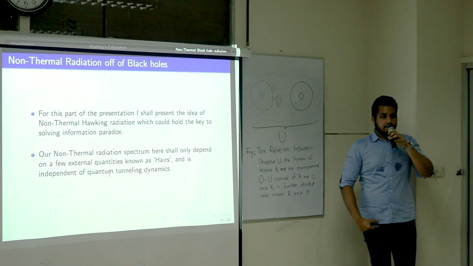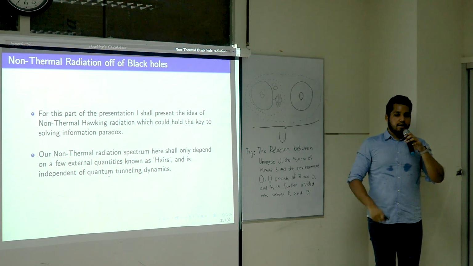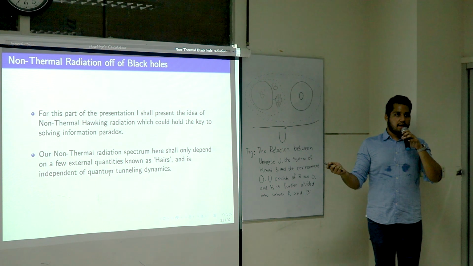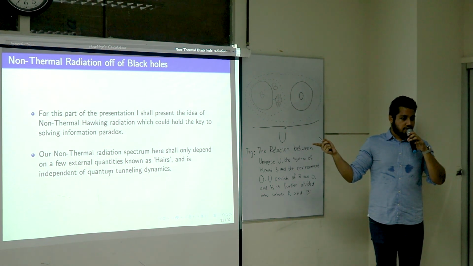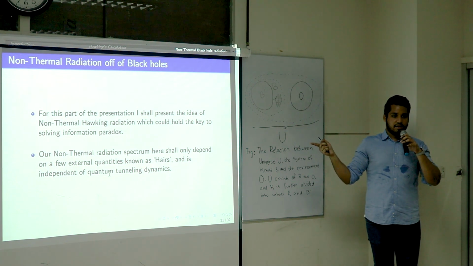Well, I wanted to add that we call the term hairs. These hairs are inherent properties of the black holes. In these calculations, we don't really need the way the author calculated this. He didn't even take into account tunneling dynamics.